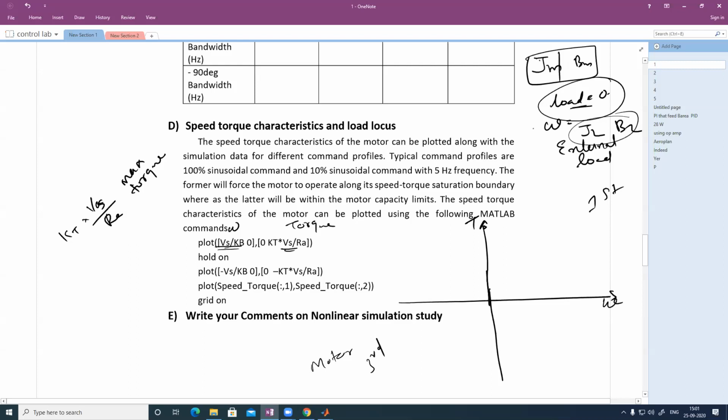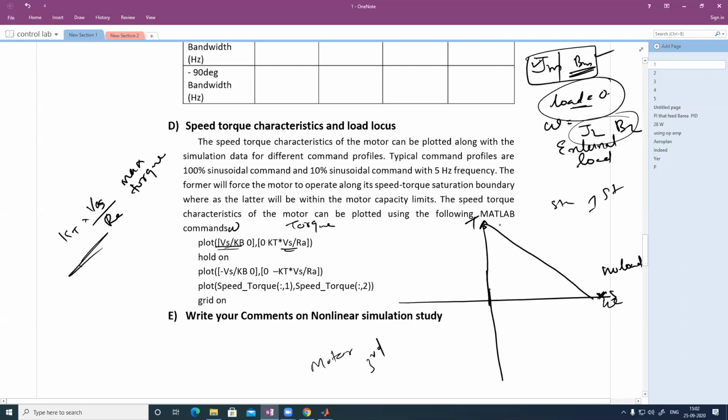So the motor is rotating, which means the maximum speed it can rotate is according to the design only. So the JM and BM are present in that motor. So that speed is the maximum speed or no load speed. And the maximum torque is called stall torque. So you will get one line like this.